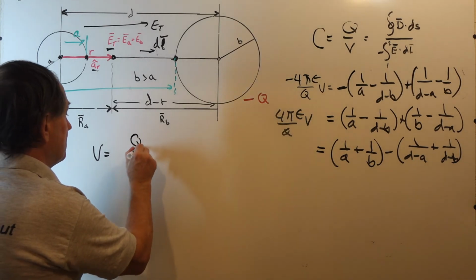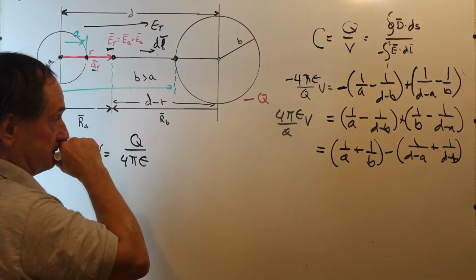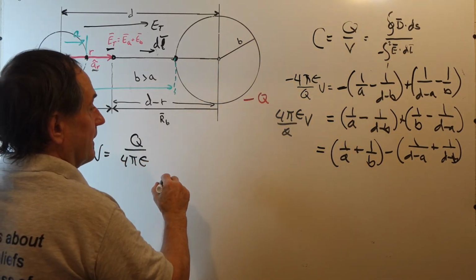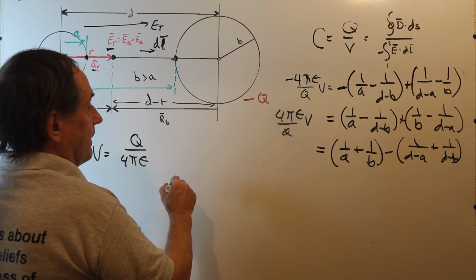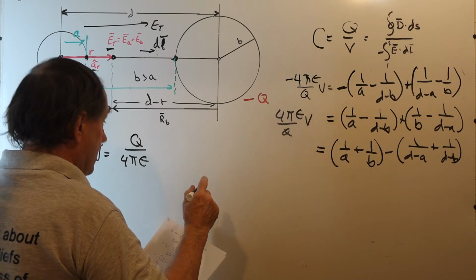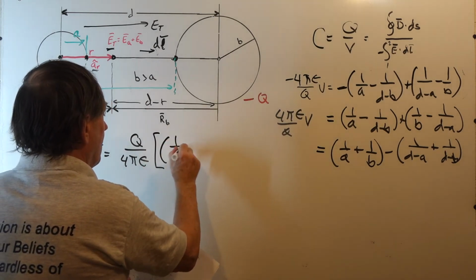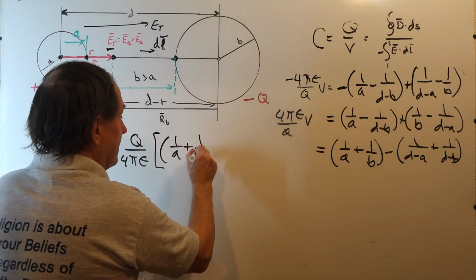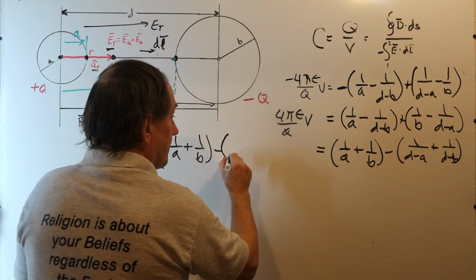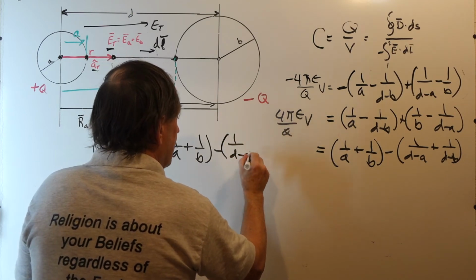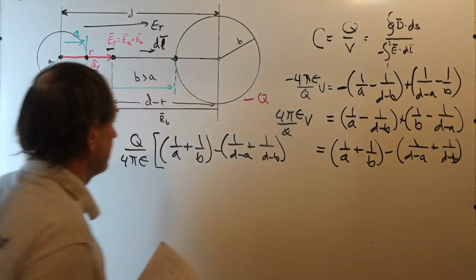This becomes Q over 4 pi epsilon times 1 over A plus 1 over B minus 1 over D minus A plus 1 over D minus B.